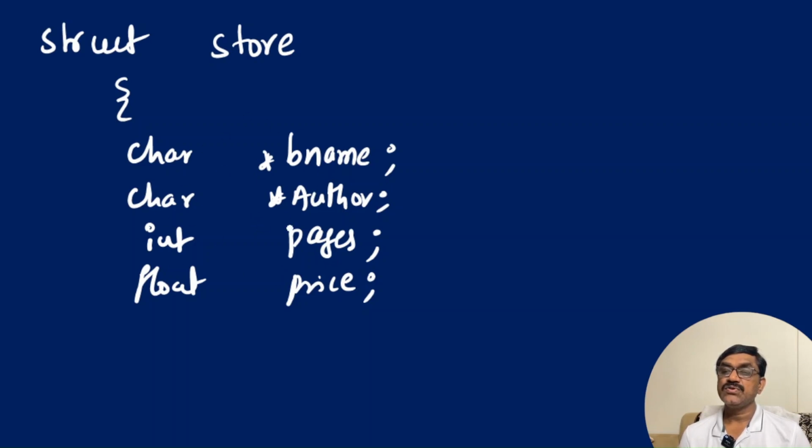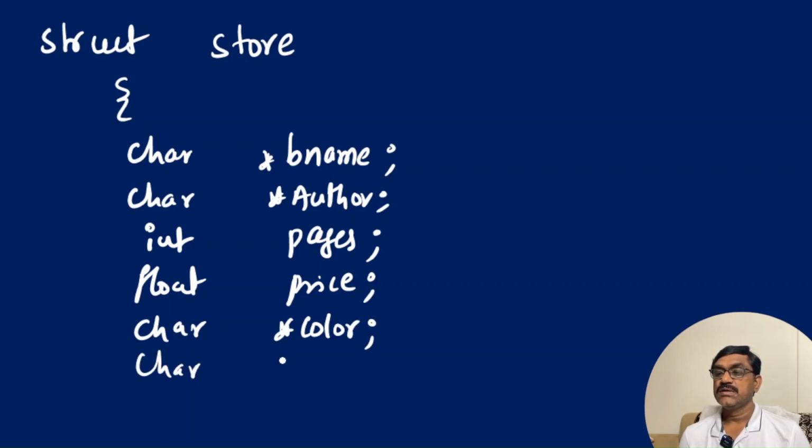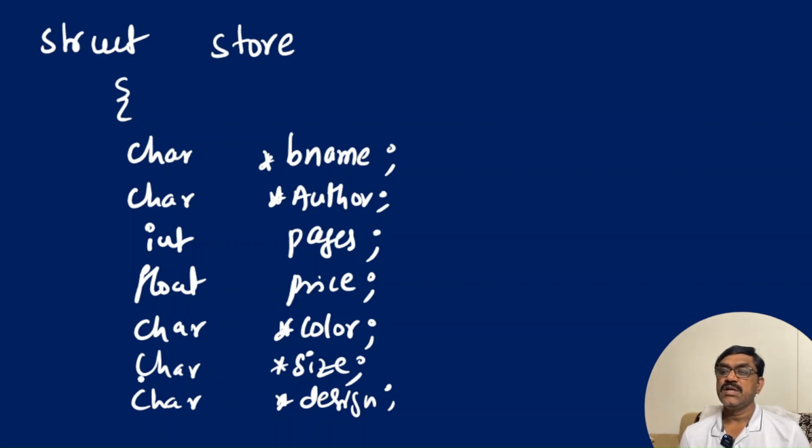But the store is also going to store the information about the shirt. Now we have to store the shirt information also. Character star color, the color of the shirt, character star size, the size of the shirt, and character star design. Generally you can take size of type character or integer.